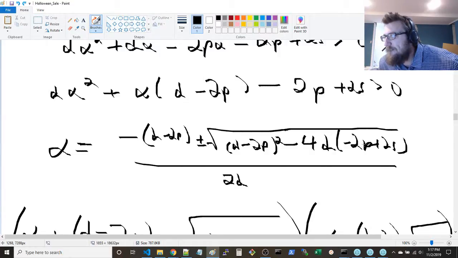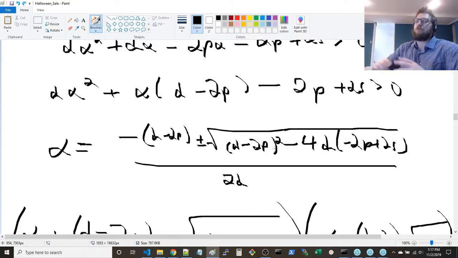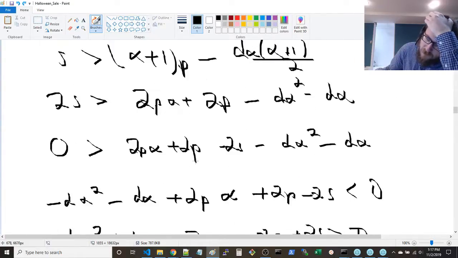Well, this is a positive value, this is negative. It's not imaginary, I guess. If we suppose that S is greater than P, because this could just be 0, this alpha. If it's not 0, right? It's actually not possible to be greater than 0.